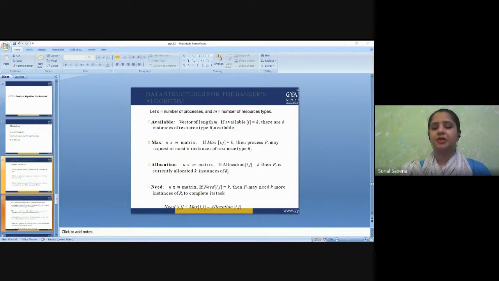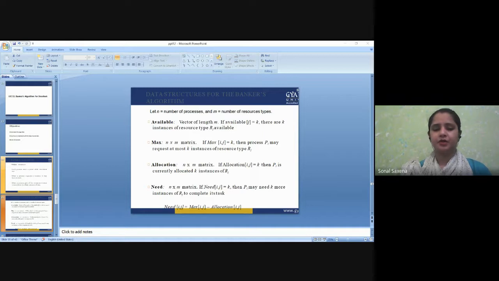If available j is equal to k, then there are k instances of resource rj available. Similarly, we have the second data structure called max, which is an n by m matrix, which defines the maximum demand of each process. If max ij is equal to k, then pi may request at most k instances of resource type rj.